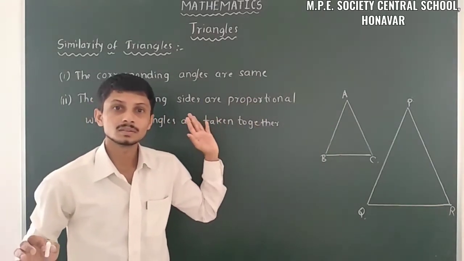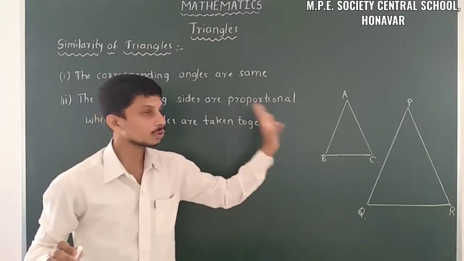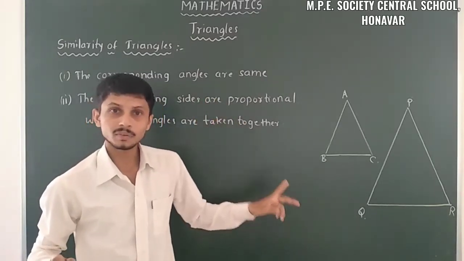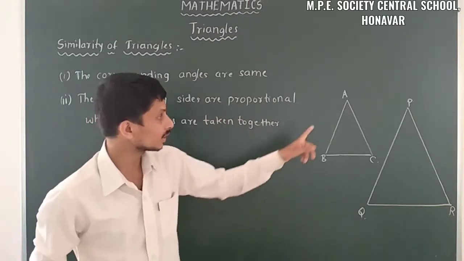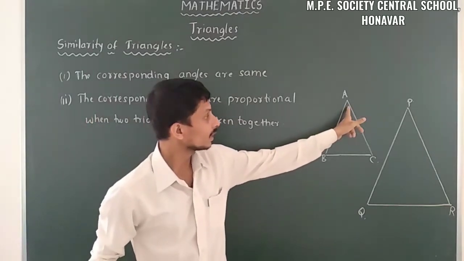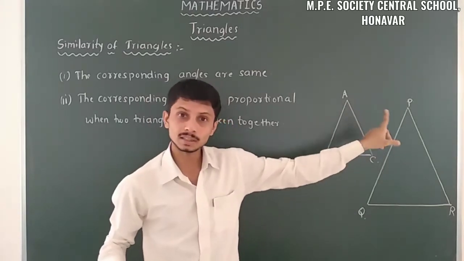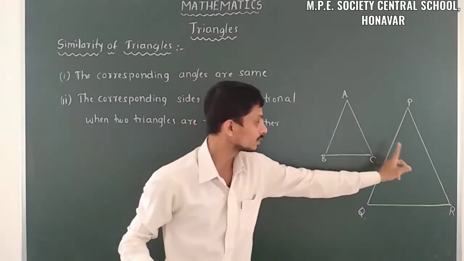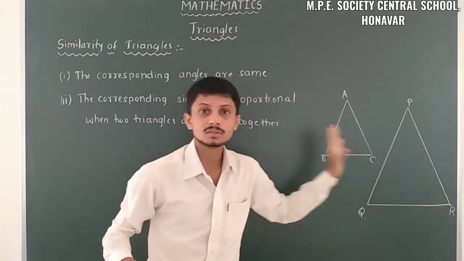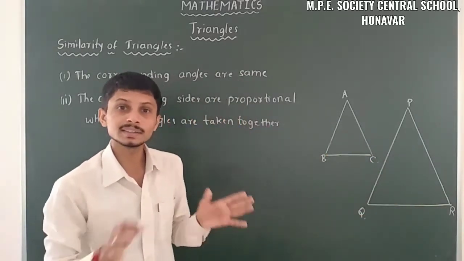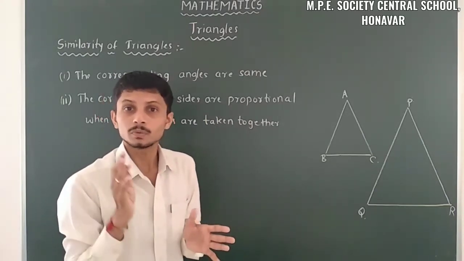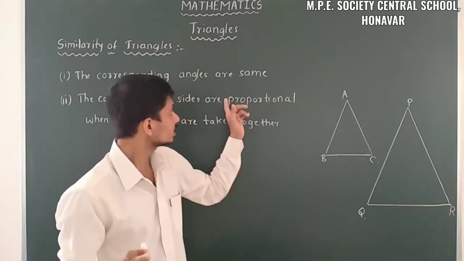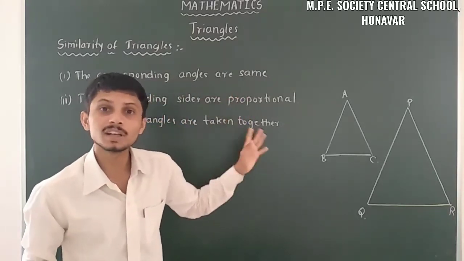So angle A equals this angle, those two are corresponding angles. This angle is equal to this angle, corresponding angles. This angle is equal to this angle, corresponding angles. When it happens, it holds good to the first condition of similarity of triangles.